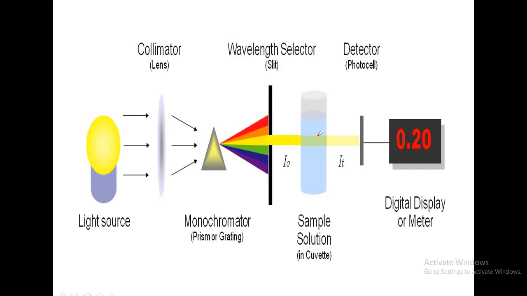In between some light is absorbed, and then it is the detector. The detector receives the transmitted light intensity, and it converts it into an electrical signal.